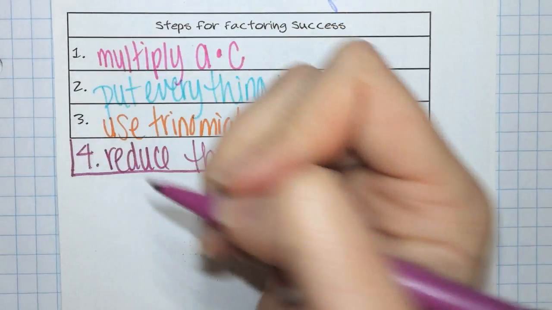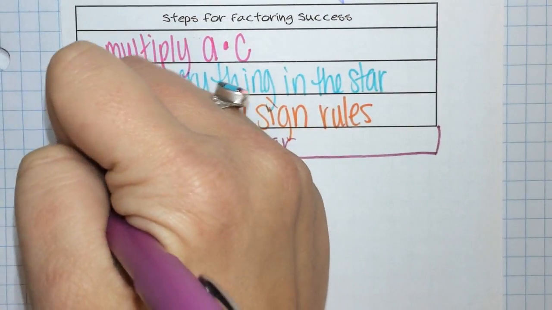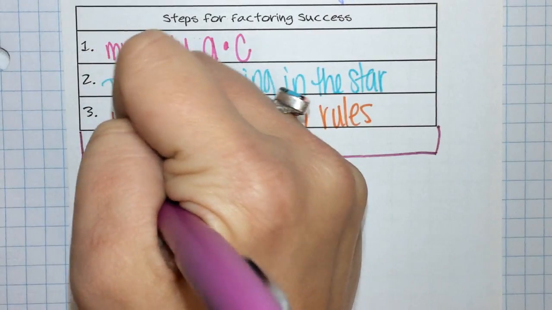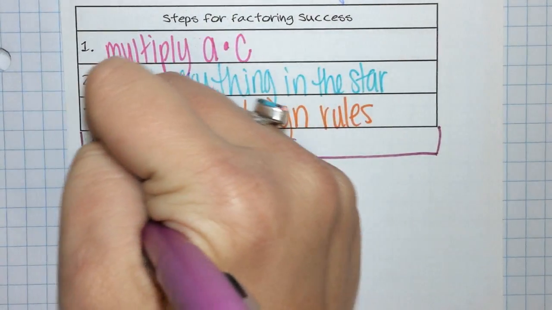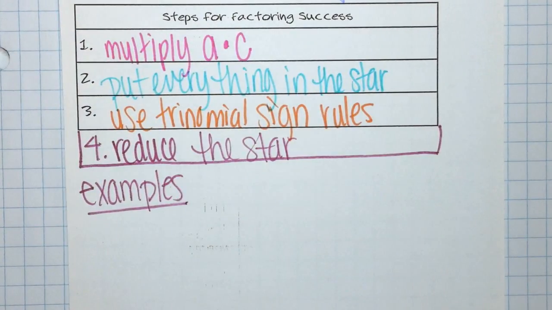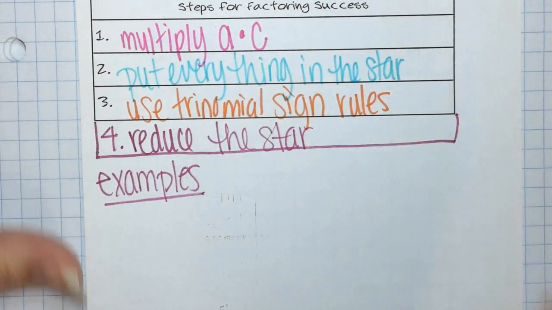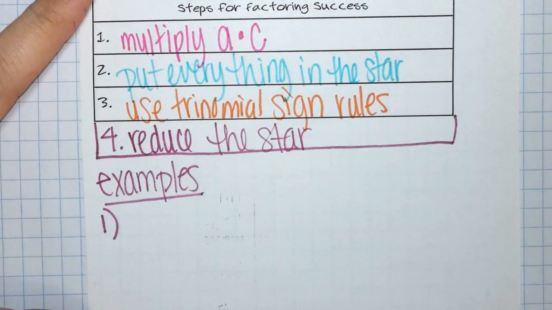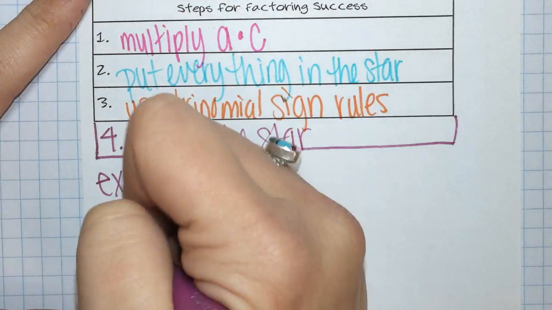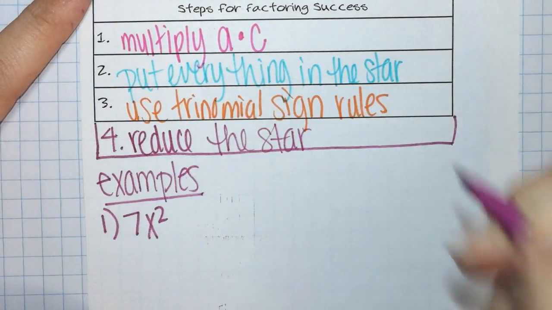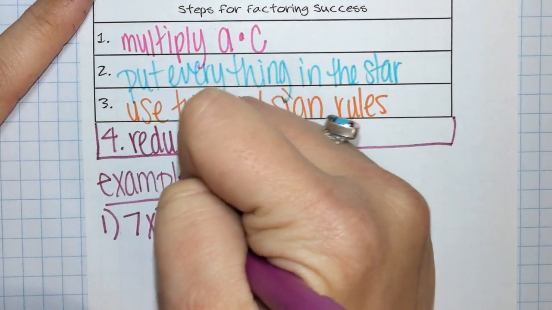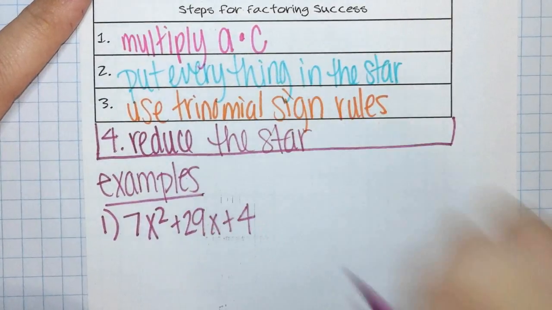Thank you. All right, examples. Let's do these together. Our first example that we're going to do is 7x squared plus 29x plus 4.